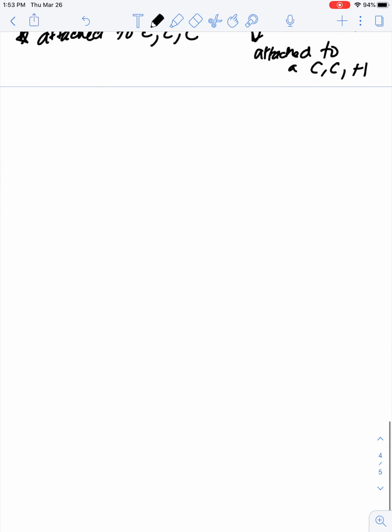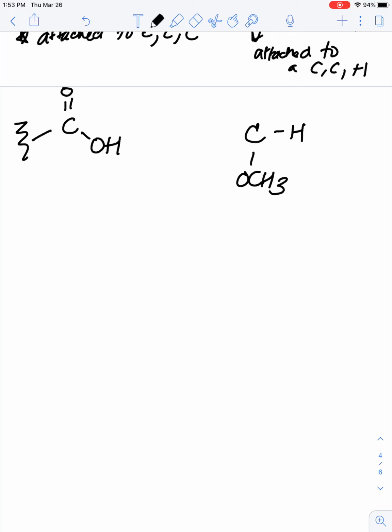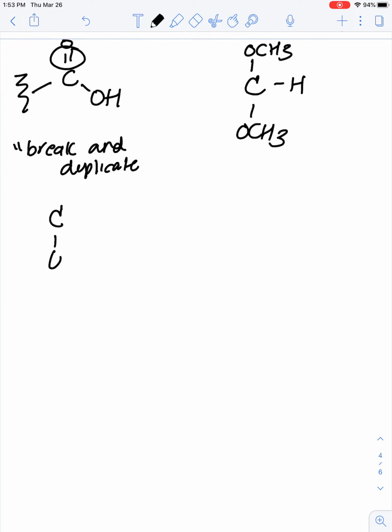Let's look at another example. So we have, again, some chain, then we have this molecule here, and we're going to compare it to this molecule here. When we do the comparison, we notice that we have a pi bond here. So again, we need to break that pi bond and duplicate. This one would be coming from the sigma bond, and this is the one that we're thinking about as breaking and duplicating.